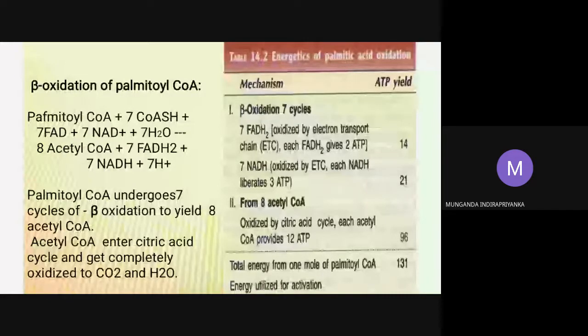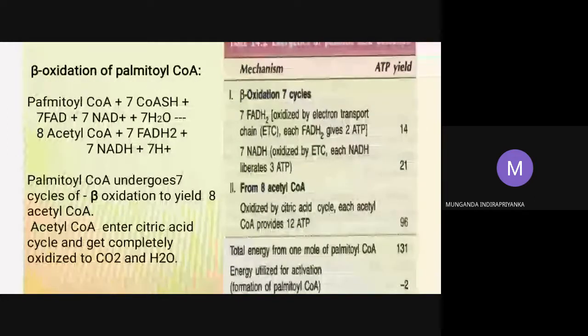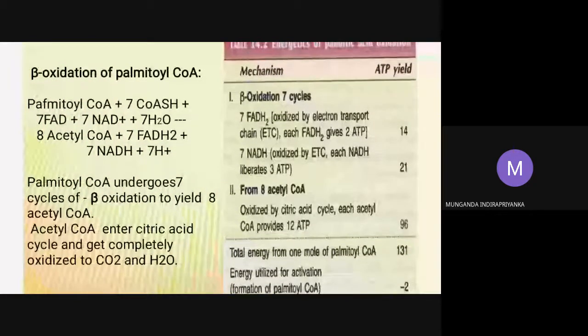When one palmitoyl-CoA enters the beta oxidation cycle, its equation is: fatty acyl-CoA plus 7 coenzyme A, 7 FAD, 7 NAD, 7 water molecules are required. It produces 8 acetyl-CoAs, 7 NAD is converted into 7 NADH2, 7 FAD is converted into 7 FADH2. Understood? This is the total cycle.